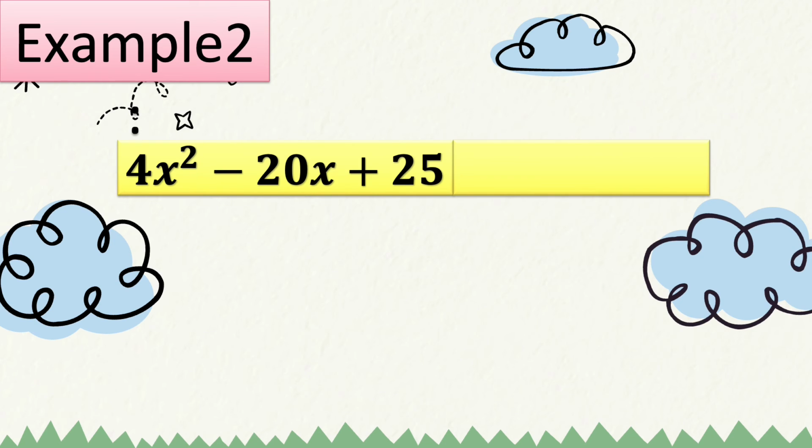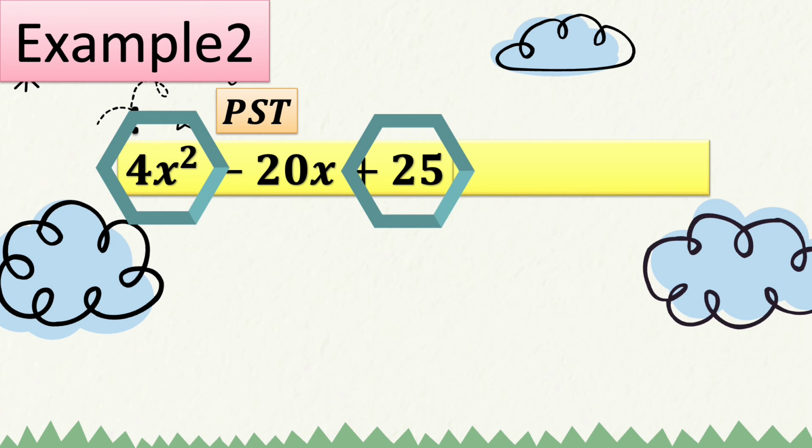Let us have another example. So, we have 4x squared minus 20x plus 25. Okay? So, ulitin natin lang yung condition. Kailangan ang first and last term ay perfect square at ang middle term is twice the product of the square root of the first and the last term or yung third term.